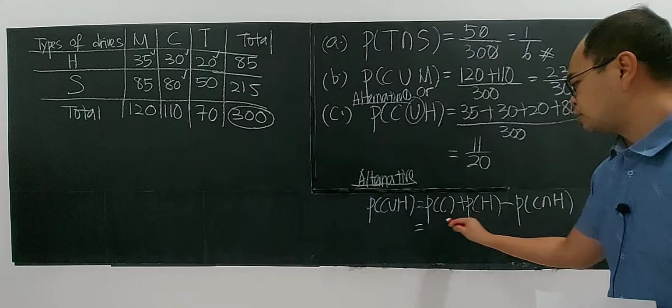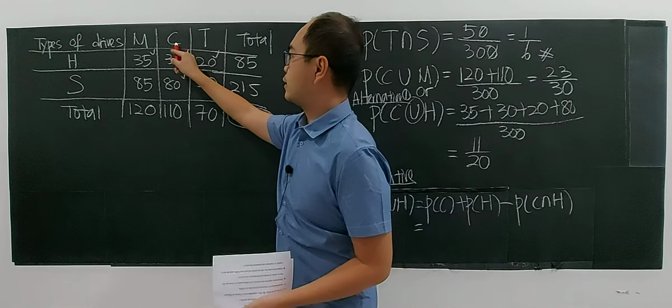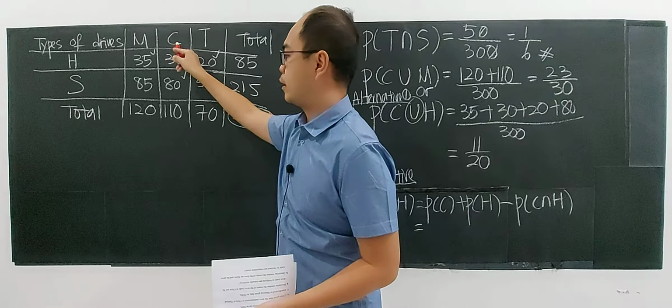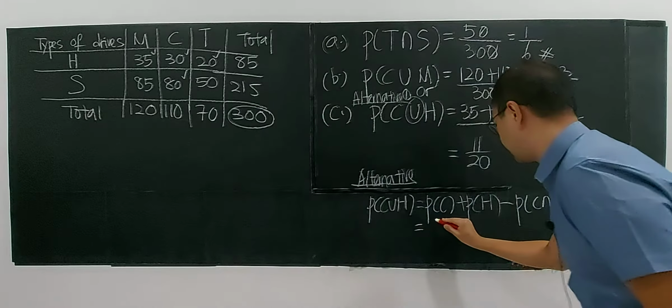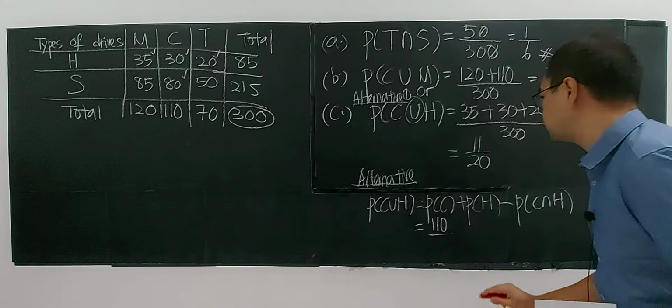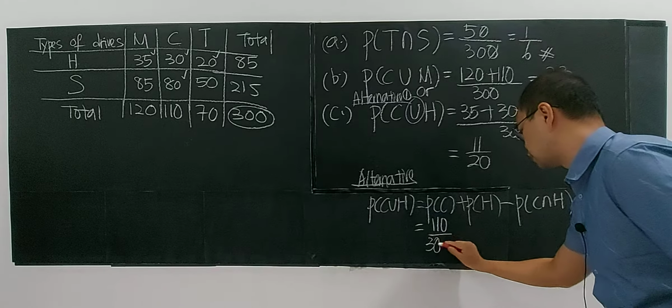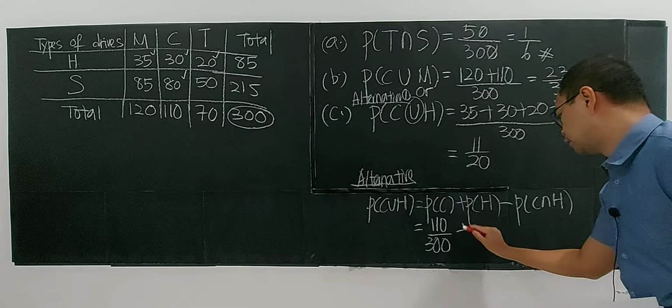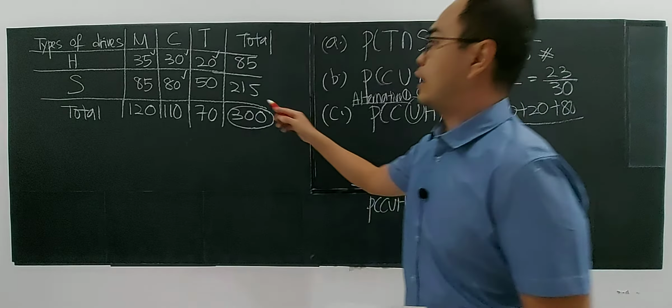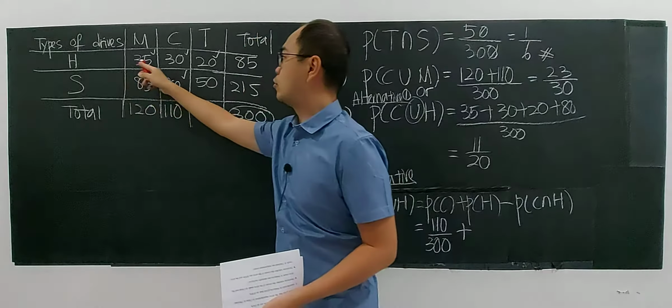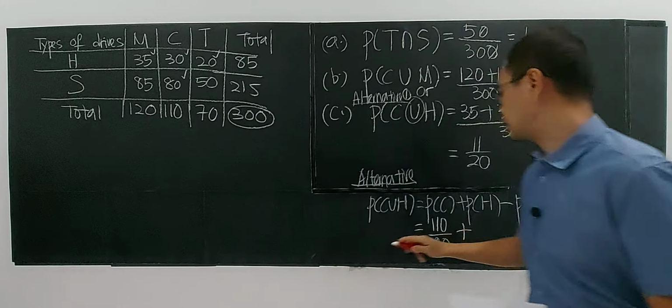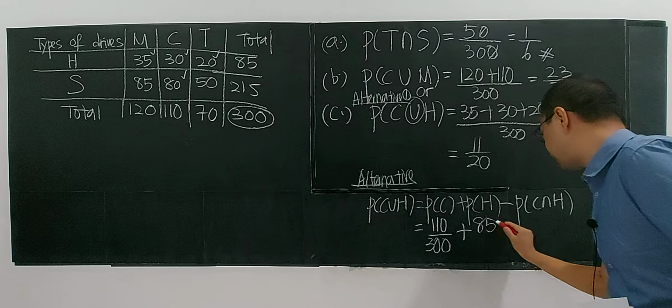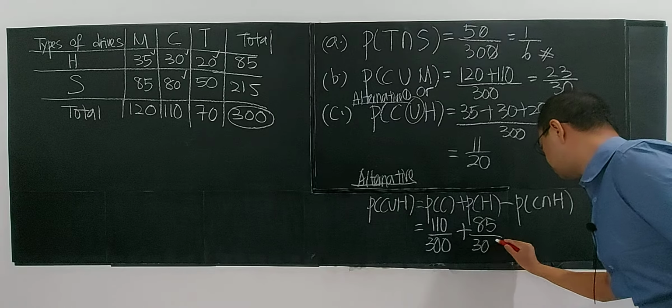So the probability of getting a product manufactured in China is 110 over 300 total. From China is 110. Then hard disk drive, the total is 85. You look at here, the total is 85 out of 300.